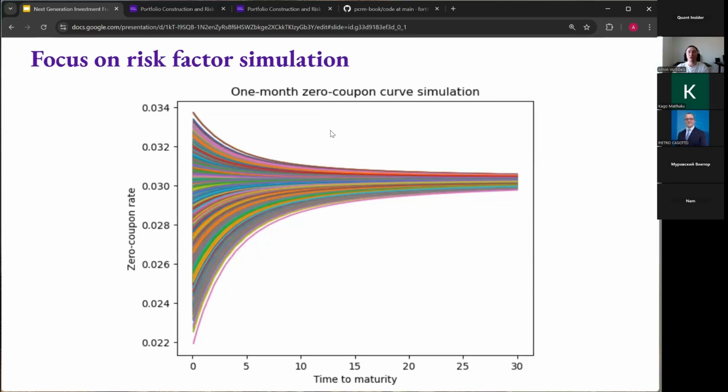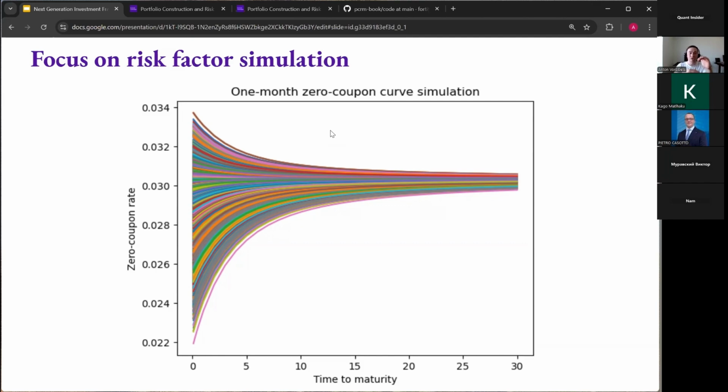So this is what we show here, that generally you want to focus on simulating risk factors. Here you see a 1-month distribution of a government zero coupon curve. You can imagine that this is something like the US government bond curve. And once we have a simulation for the interest rate curve, we can, of course, price all the US government bonds that we want based on this.